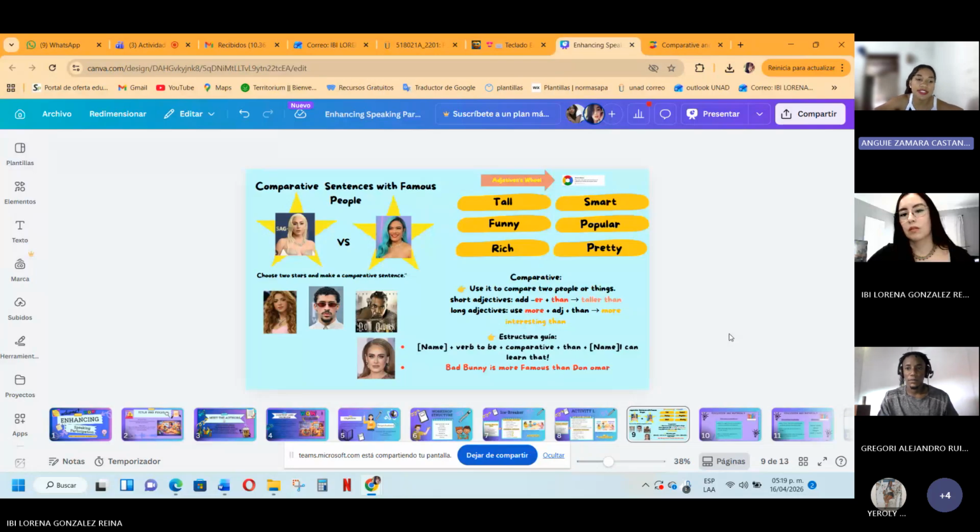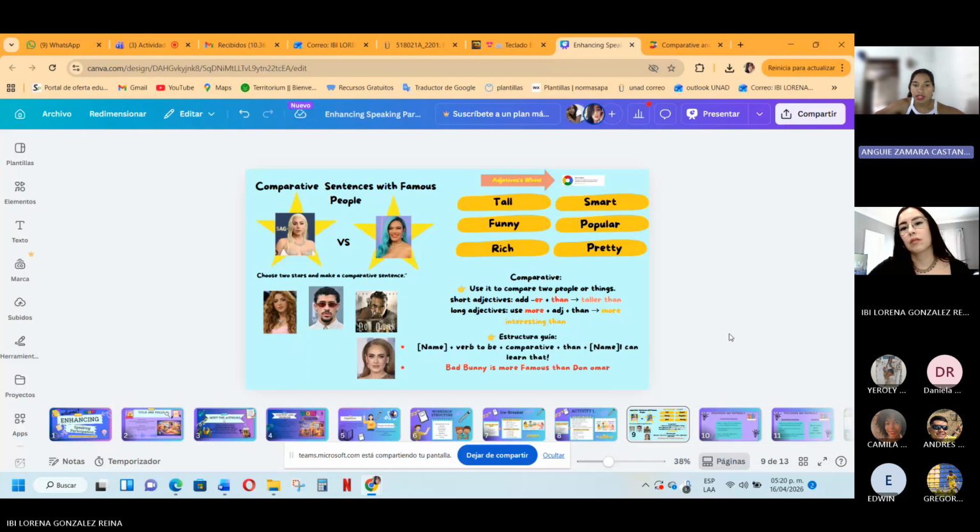And I think it is a funny activity to practice in the school because it's fun for the students and they can practice adjectives and structure, and it's easy to do in the classroom.